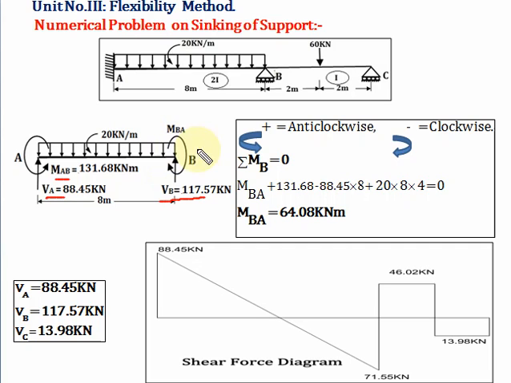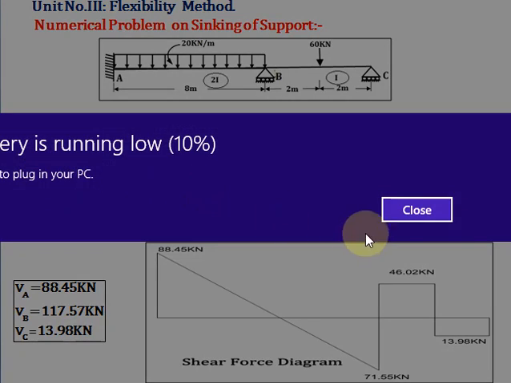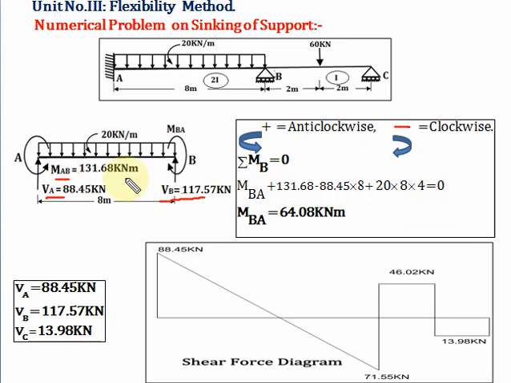So we are acting this in the clockwise direction. Okay, so again sign convention, anti-clockwise positive, clockwise we are considering it as negative. Okay, so we are taking the summation of moment at point B equal to 0. Now MAB, so MAB acting in anti-clockwise direction, so it is plus, so plus 131.68.